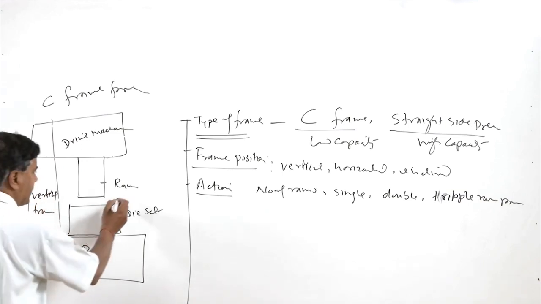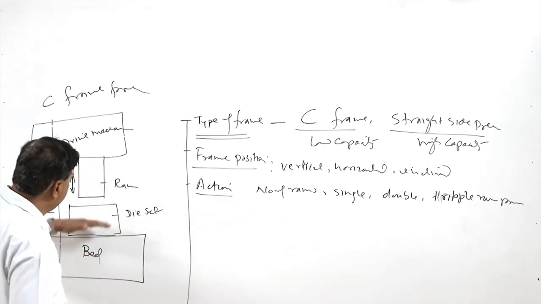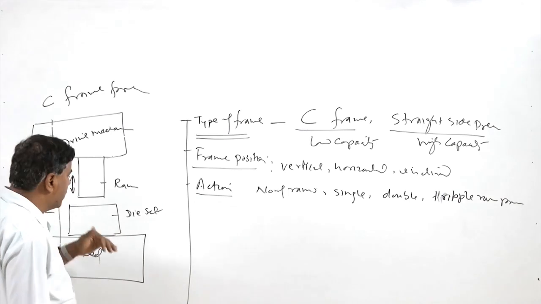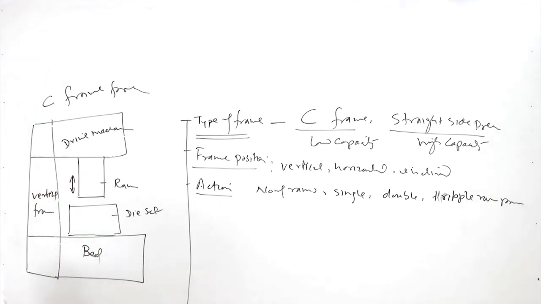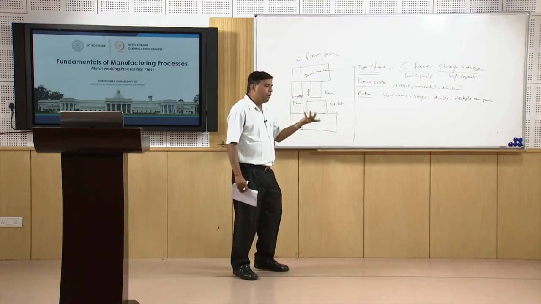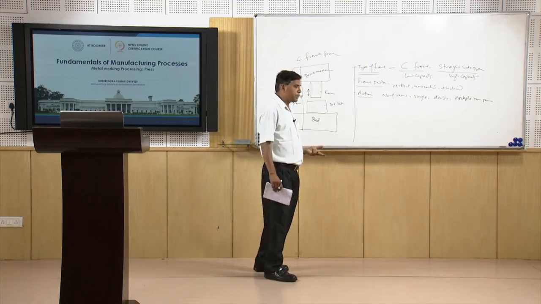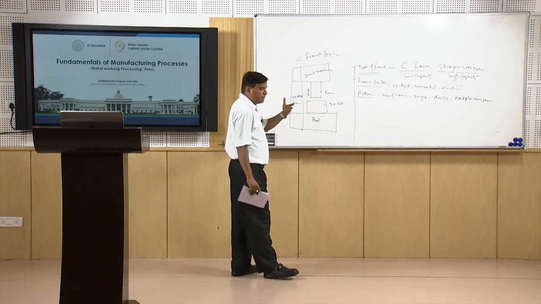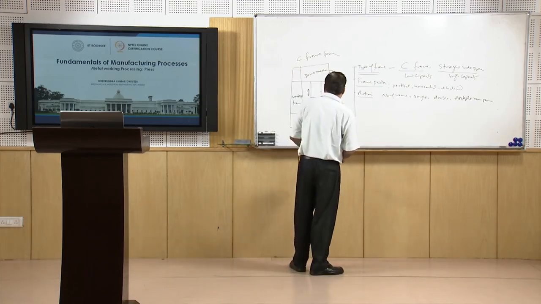Basically the ram movement helps to apply the force in a controlled way through the die set onto the sheet metal, so that the desired processing of the sheet metal can be achieved, which may be in the form of shearing, punching, blanking, nibbling, notching, or it may be embossing, coining, etc., as I have already mentioned earlier.